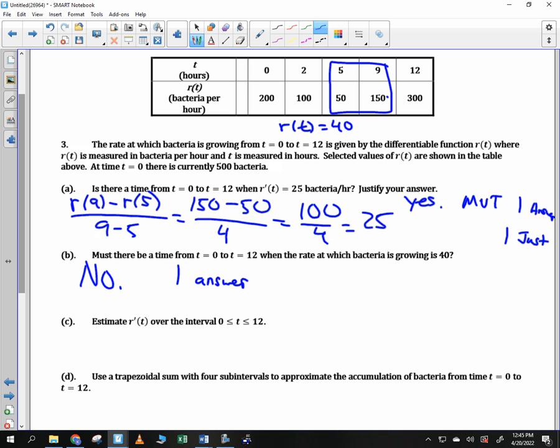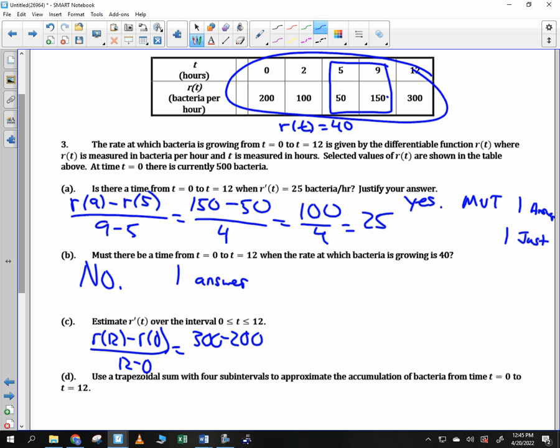So you want to look at R prime of t over 12. So you want to look at that range. If I'm going to estimate that rate of change, I do R of 12 minus R of 0 over 12 minus 0. R of 12 is 300 minus 200 over 12, which is 100 over 12, which is approximately 25 thirds, or 8.3 repeating.